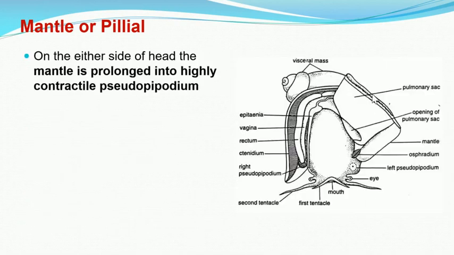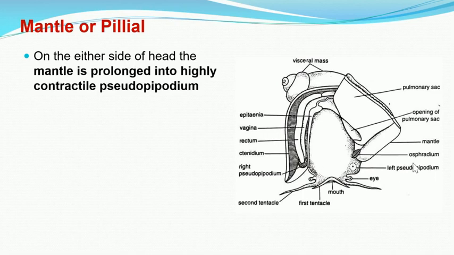Now in this section of the organism, you can see the visceral mass, the two pairs of tentacles, the eyes, and here you can see the mantle. On either side of this mantle, there is a highly contractile pseudopodium.